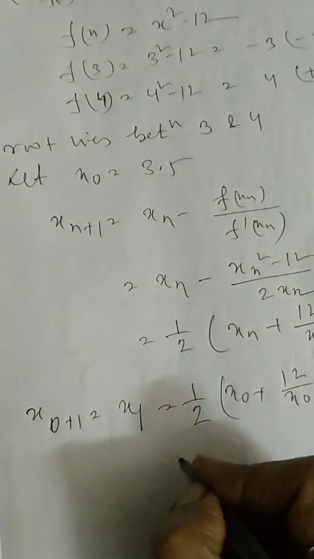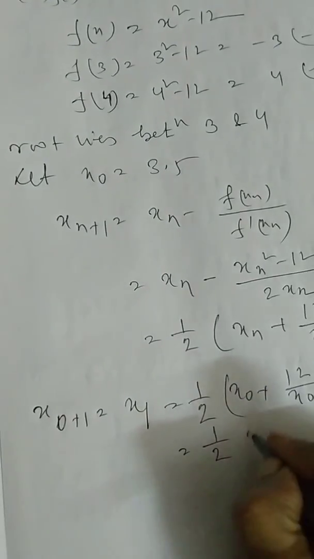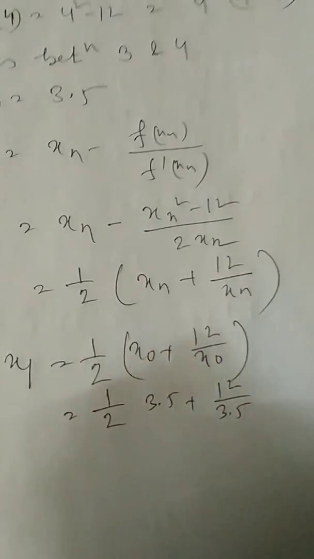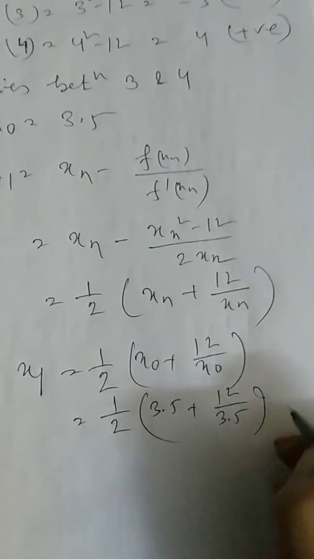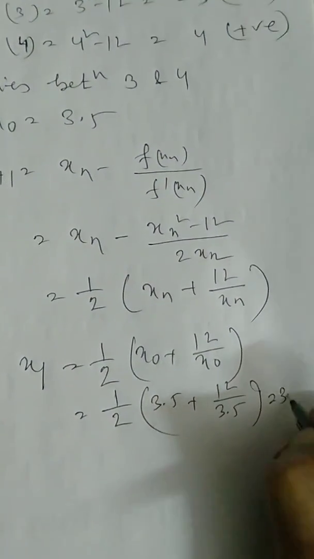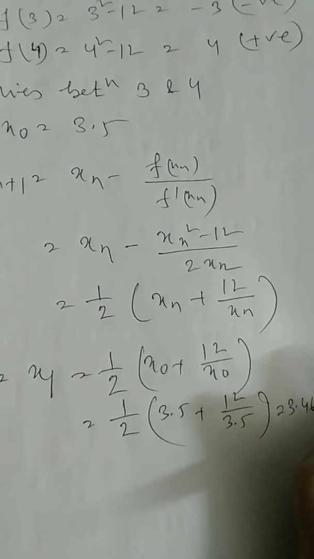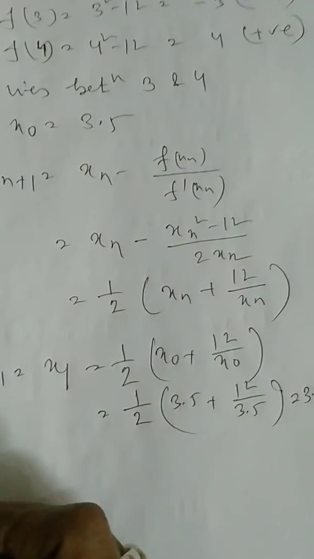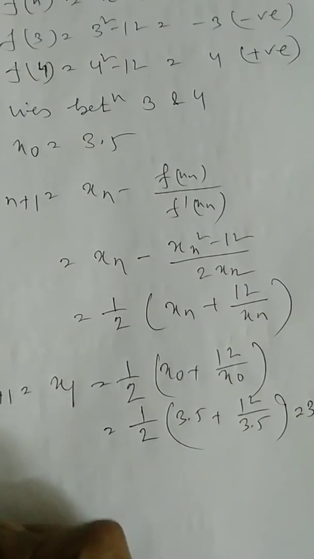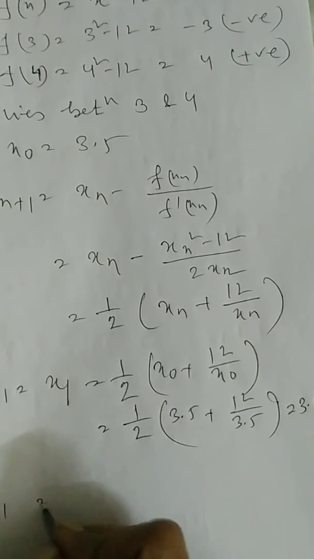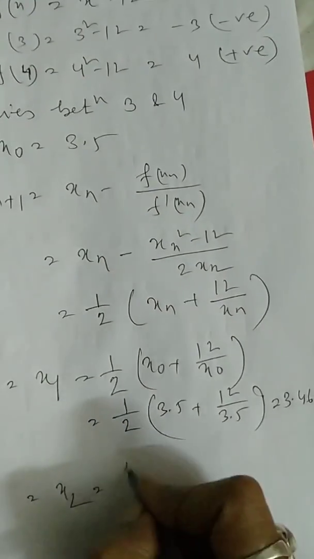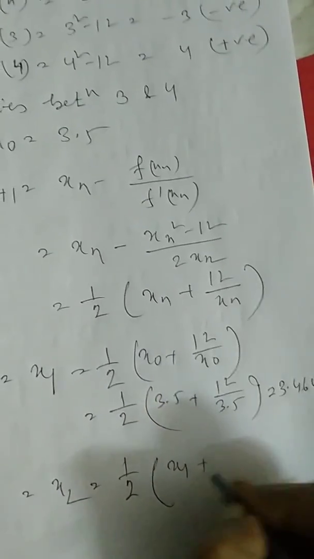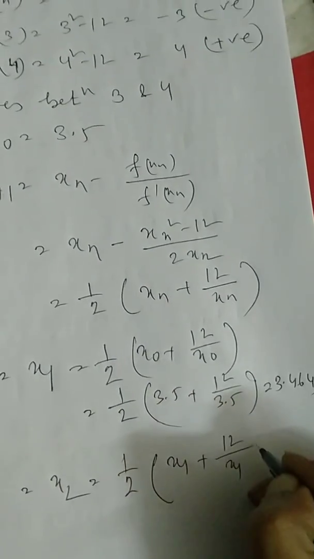If you put x0 equals 3.5, half of 3.5 plus 12 by 3.5, the answer will come 3.4643. In the second case, we put n equals 1, that means x2, which is half of x1 plus 12 by x1.